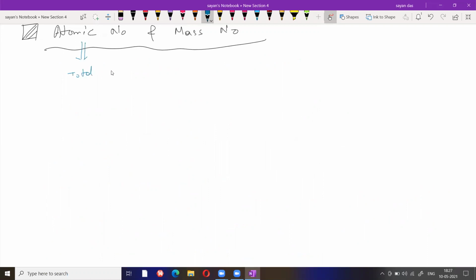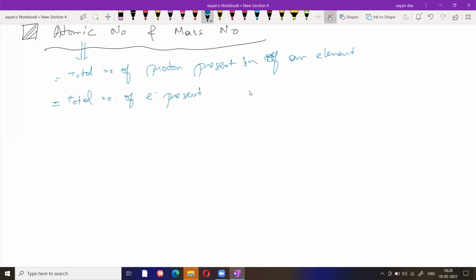Atomic number is basically the total number of protons present in the atom of an element, which is also equal to the total number of electrons present in an atom, which is represented by Z. Atomic number, represented by Z, equals number of protons equals number of electrons. Okay, that is the atomic number concept.